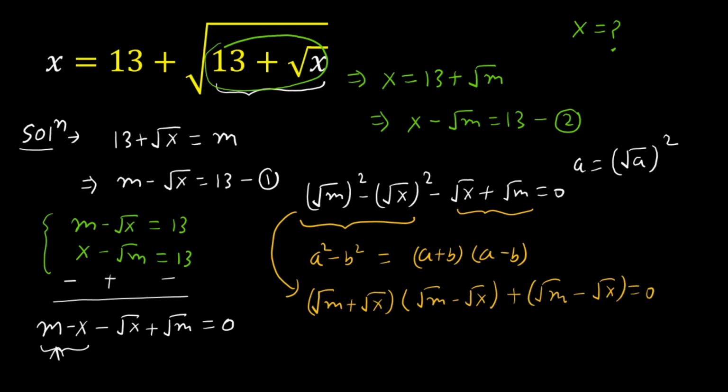Now if we take common square root of m minus square root of x, then square root of m plus square root of x plus 1, and this is equal to 0. Square root of m minus square root of x is multiplied by square root of m plus square root of x plus 1, this is equal to 0.